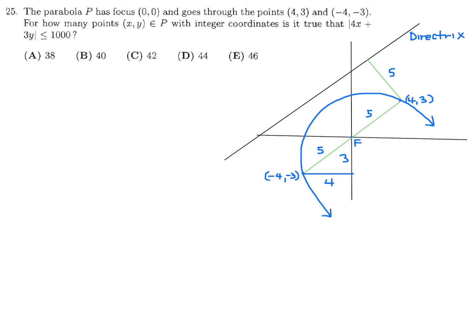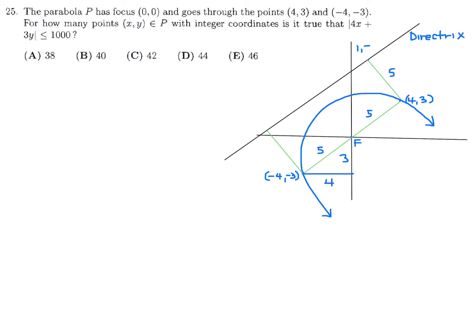The good news is we can approximate these points, that point and the point on the other side, right here, because the distance is 5. If I go 3 this way and 4 up, I'll be able to figure out that point. Going 3 left and 4 up from this point would be (1, 7).